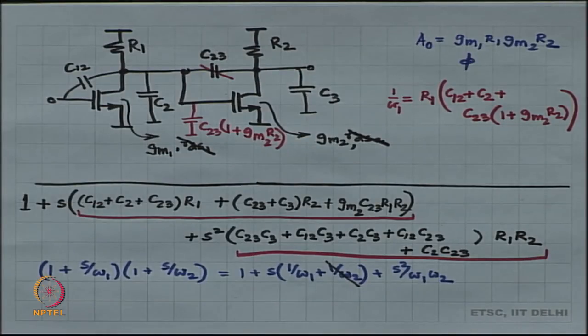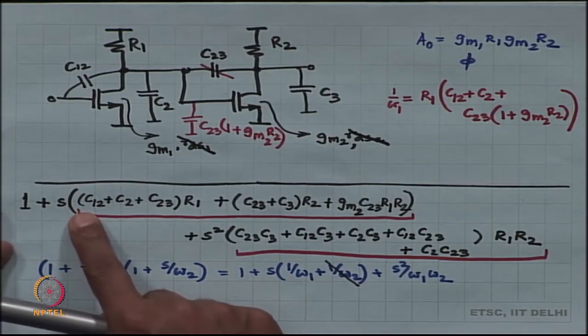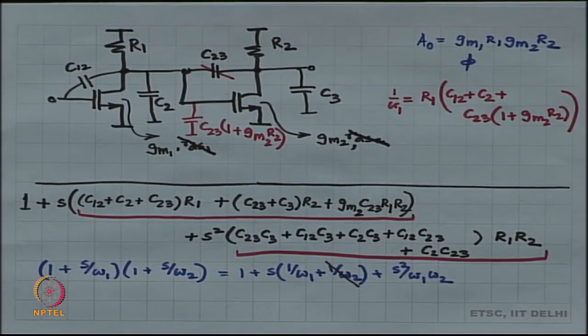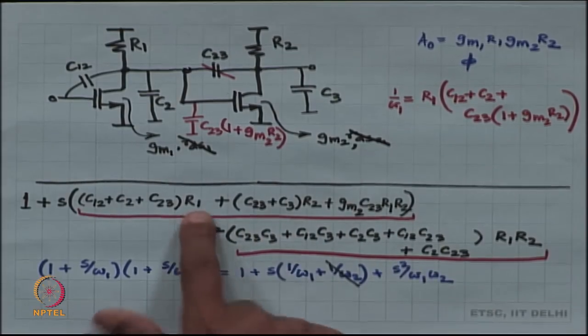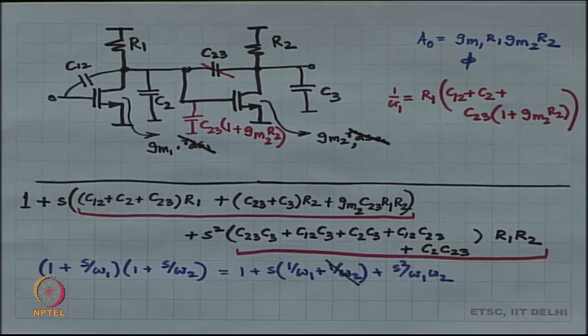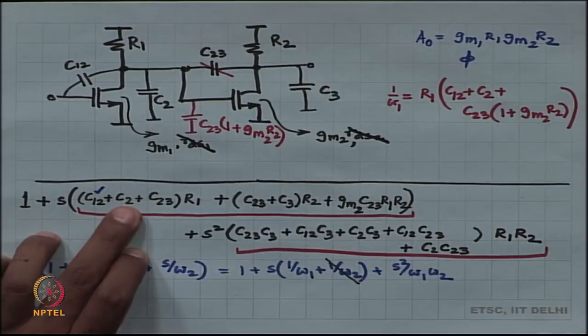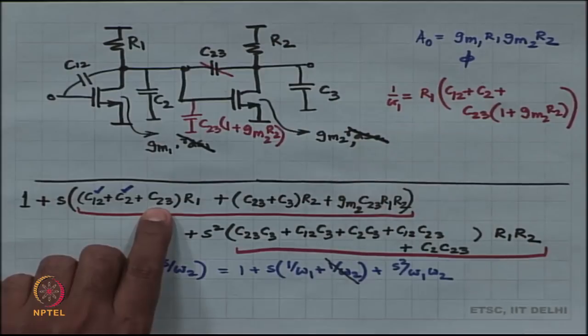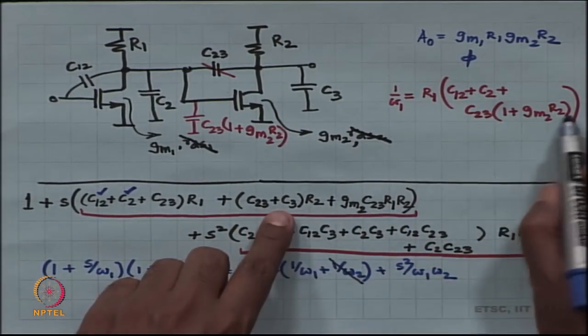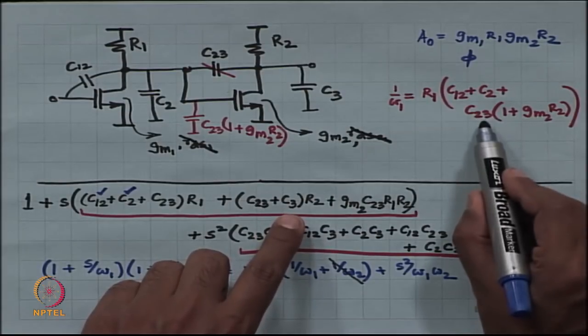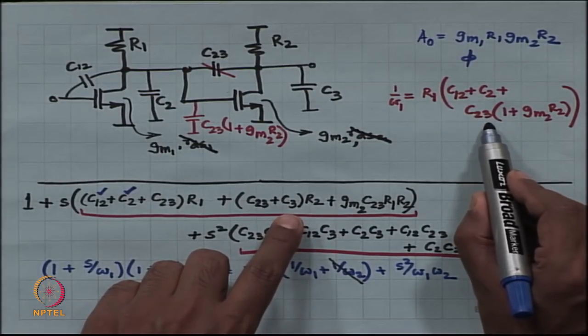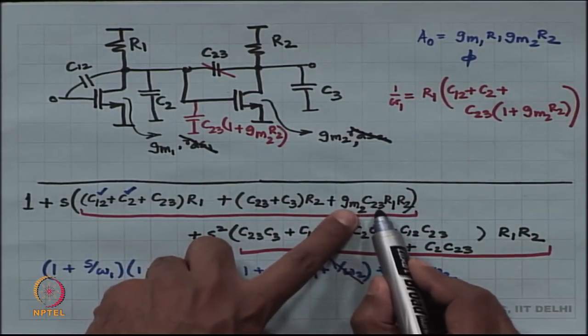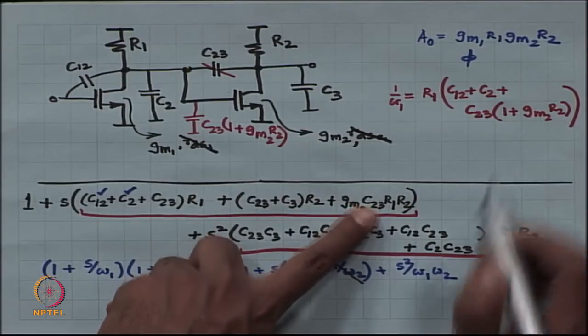Now, we also found some omega 1, right. 1 by omega 1 for us was this middle coefficient. Between Miller and this middle coefficient, what is the difference? So, I have got R1 C12, I have got R1 C2, okay. This term is not there over here, C23 times R1 does not really show up over here, but I have got C23 times R1 times GM2 times R2 over here.